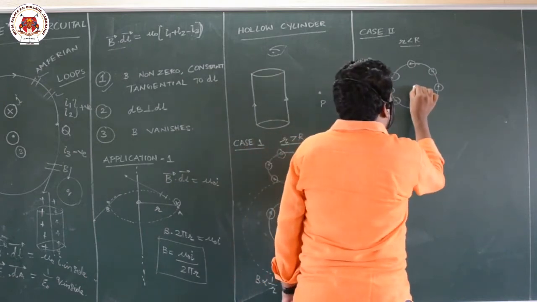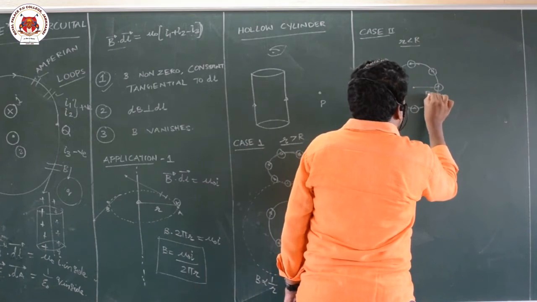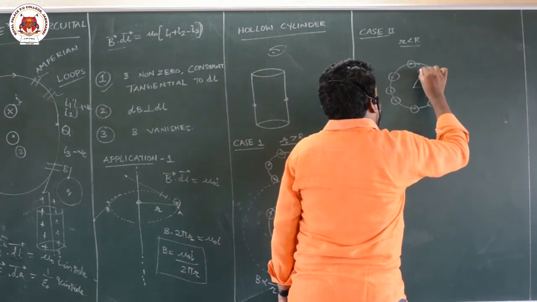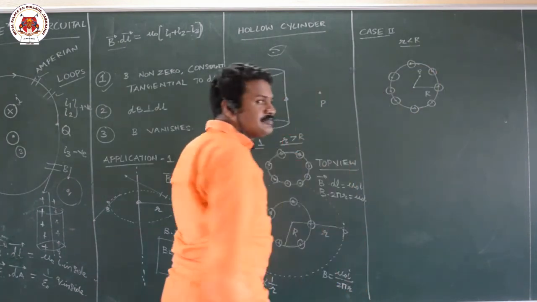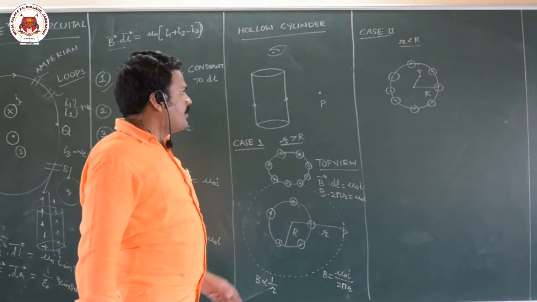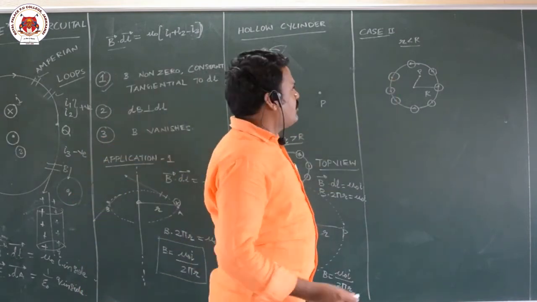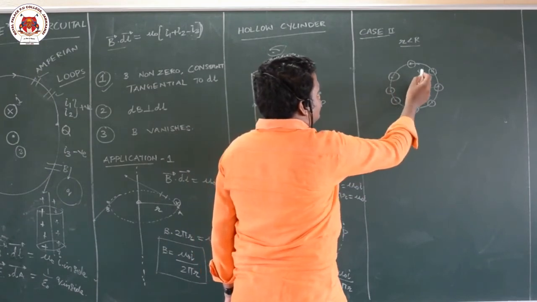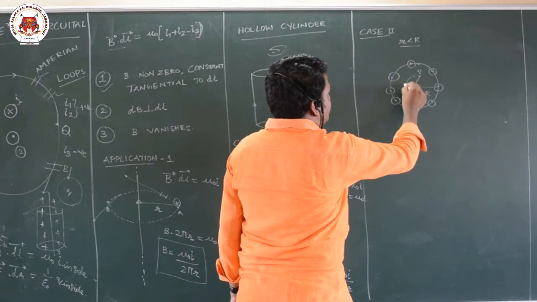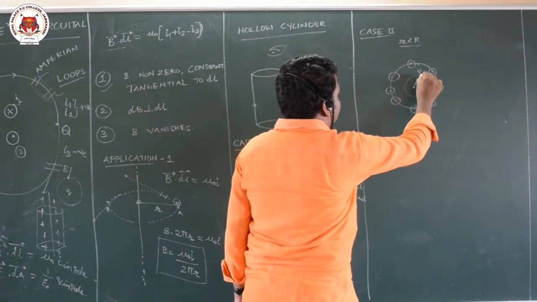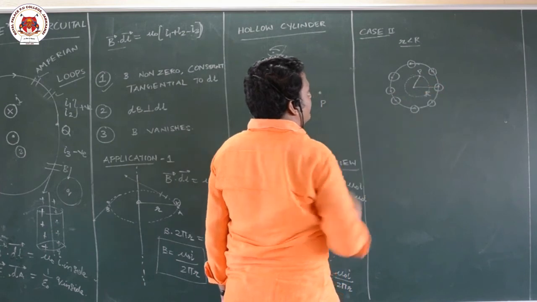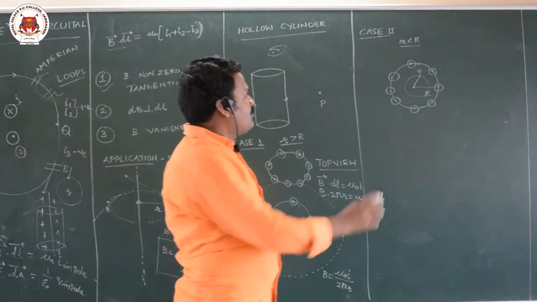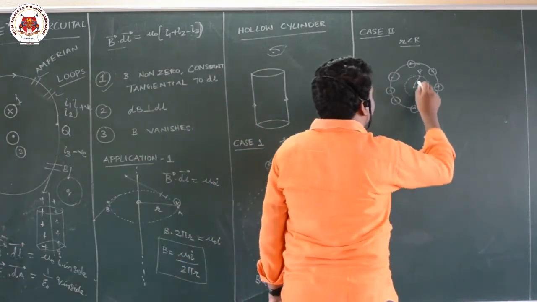Now you are taking a point, this is the radius, a point which is less than capital R. The point of observation is P. Previously you were outside, now you are inside the wire. Again the same principle will follow, because whatever the case, the concept is the same. Ampere's law will not change. Our cases may change, but Ampere's law remains the same. According to Ampere, wherever we have to find the magnetic field, there you have to complete the loop. Just complete the loop, then what will you get?